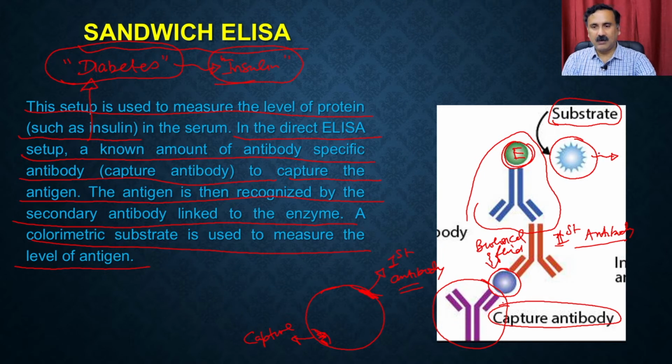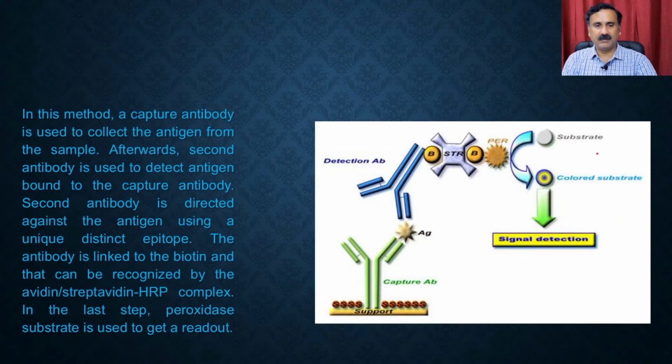So let's see how you can perform the sandwich ELISA. As I discussed, you have a capture antibody for the antigen, but the area of the antigen is going to be different. This area is identified by the capture antibody, whereas this is the area recognized by the detection antibody or the primary antibody.